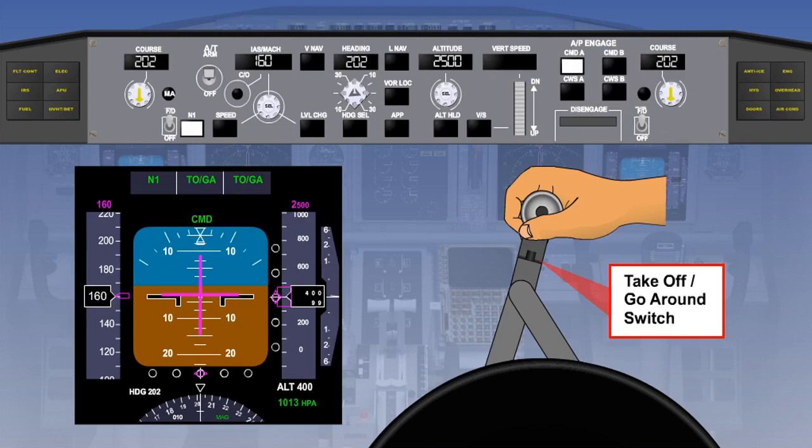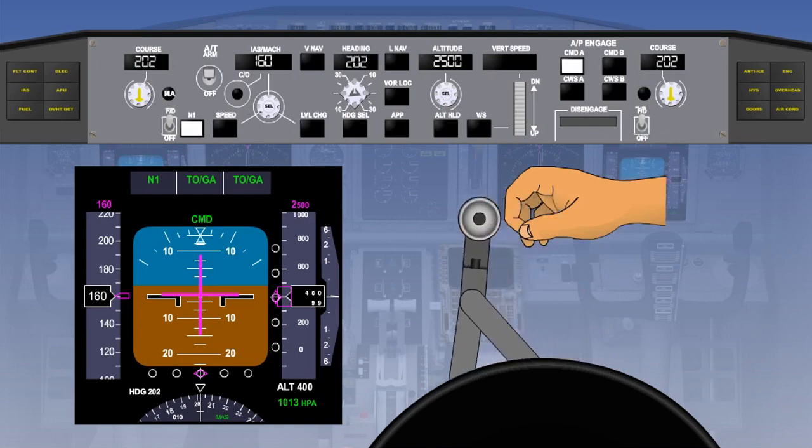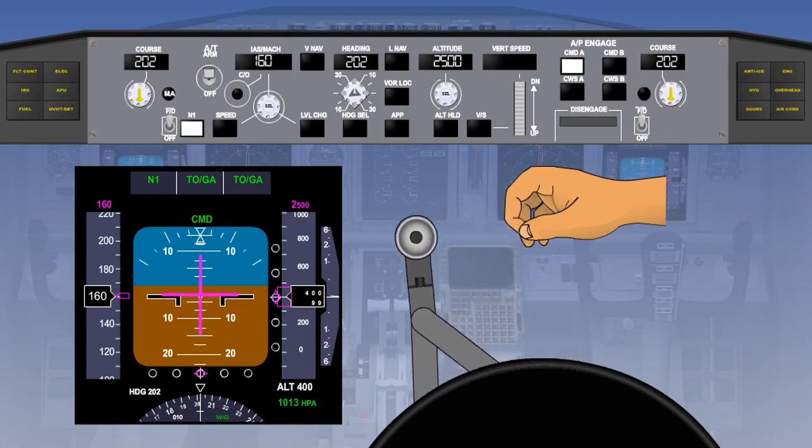The autothrottle changes from speed to thrust mode. The pitch enunciation is Takeoff Go Around, and the roll enunciation is Takeoff Go Around. The throttles move forward to give the required go-around thrust.